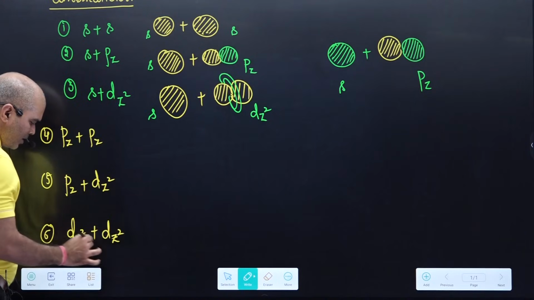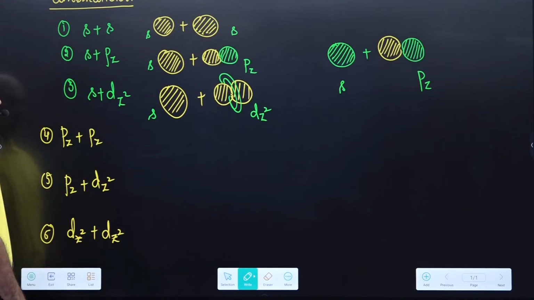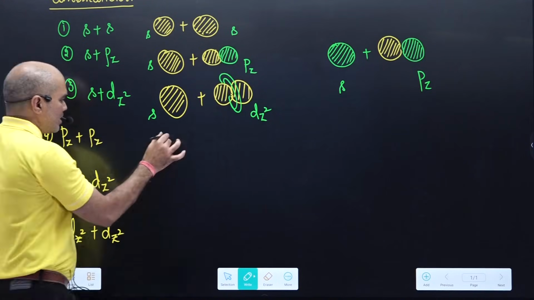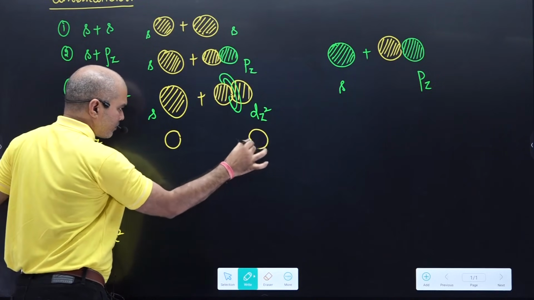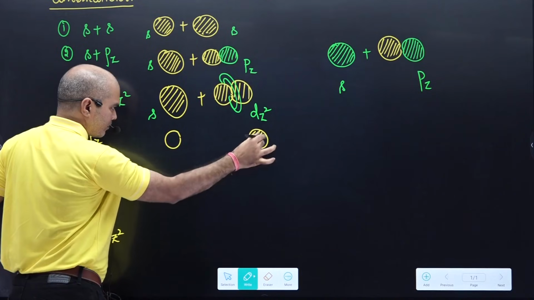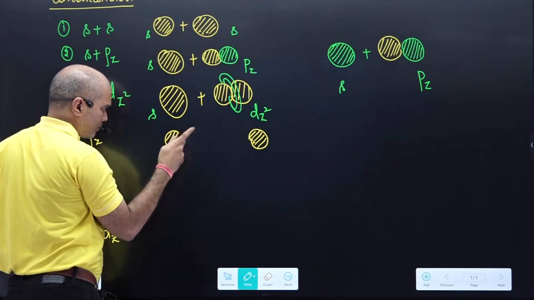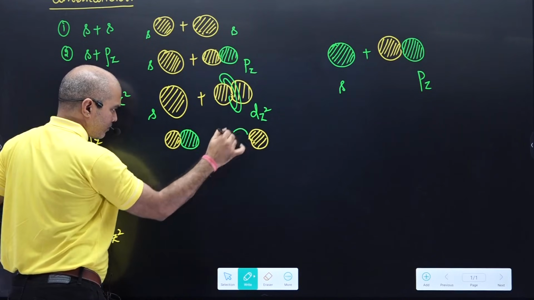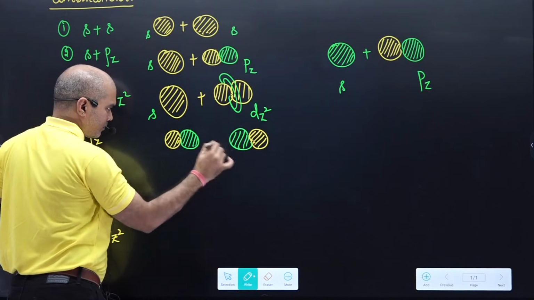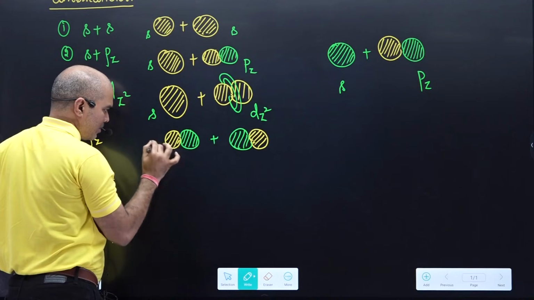These many combinations for sigma bond formation. Pz with pz means this is pz and pz.